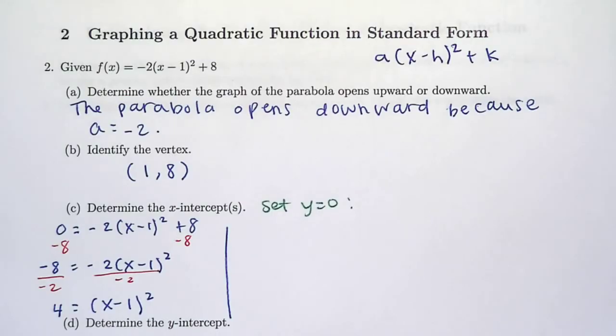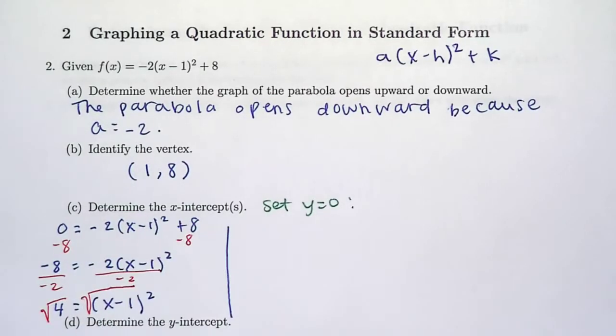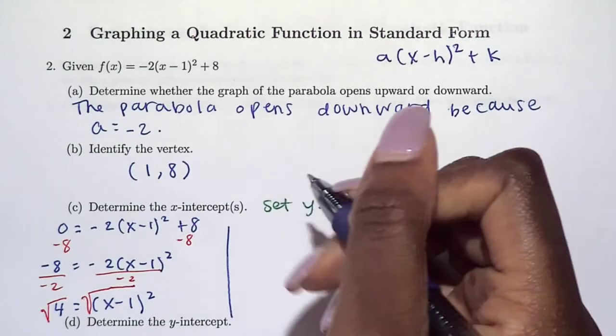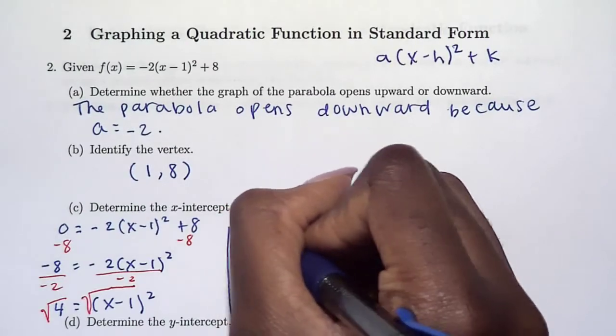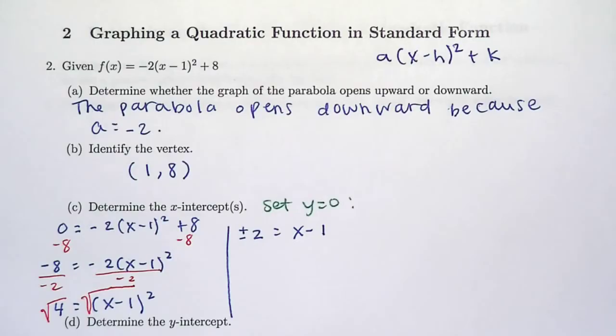Then I'm going to take the square root of both sides. Remember, square root of 4 is either positive or negative 2. All right, so what does this tell us? Well, where do we go from here? We actually need 2 separate equations.